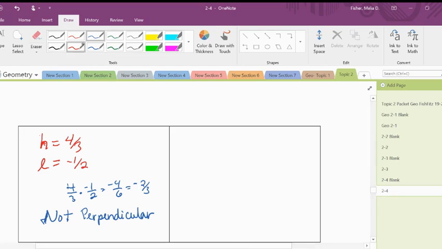Okay, on K, you should have found the slope of 2/3, and on M, you should have found the slope of negative 4 over 1. Again, you should be able to tell by looking that these are not perpendicular.